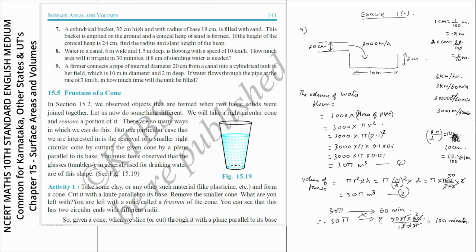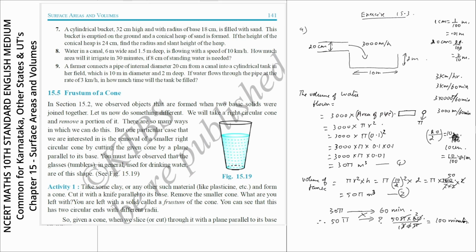Now in this question, area of pipe means, if there is a circular pipe like this and you see from the front, what will be the front view? It will be a circle like this, right? What is the area of this circular region?